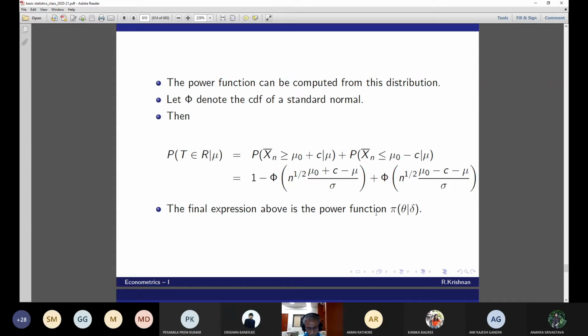Ideally it is less than the hypothesized value. It could be greater also, it could be 21. How do you check whether this can be treated as 20 in both cases? So we take the mod value, like 20 minus. That's what I've taken now, which is mu 0 plus c, or mu 0 minus c.